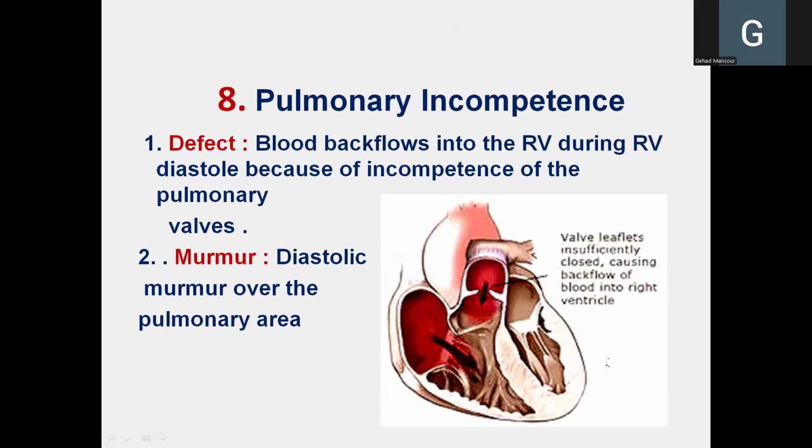In case of pulmonary incompetence, it is exactly the opposite of pulmonary stenosis and similar to aortic incompetence, meaning that every time the right ventricle relaxes, when the right ventricle is in diastole, the pulmonary valve should be completely closed, but it is not.